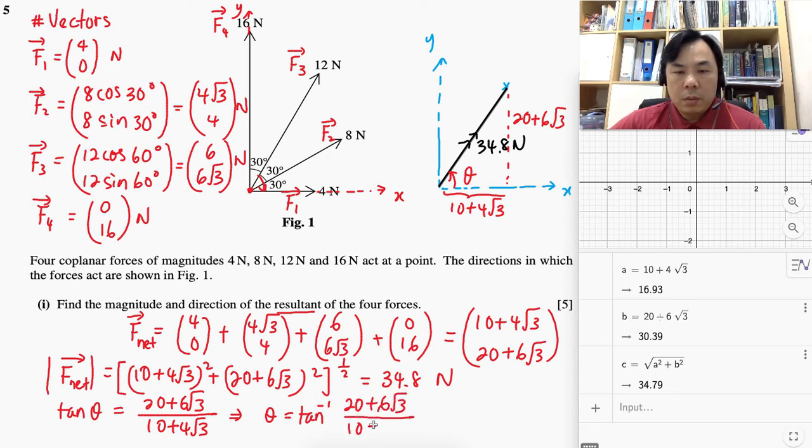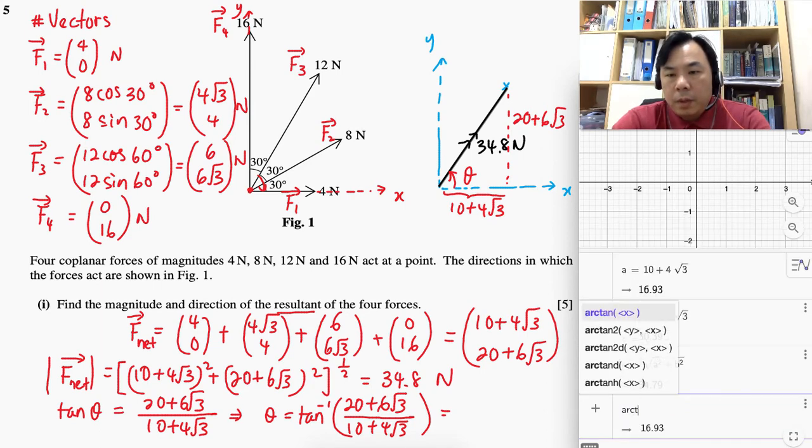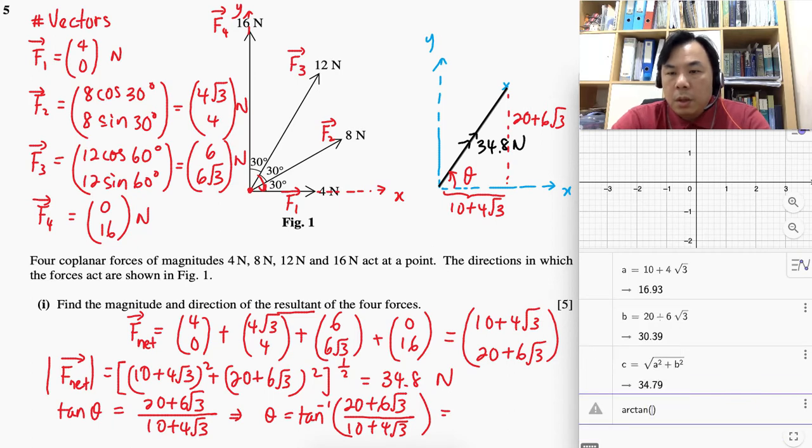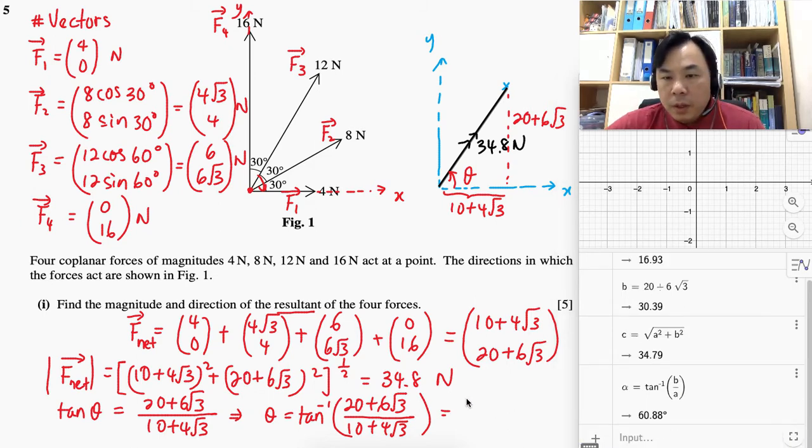Based on my calculator here, hopefully I got it correct, the arctangent of b divided by a, the angle, is 60.9. So I'll write down 60.9.